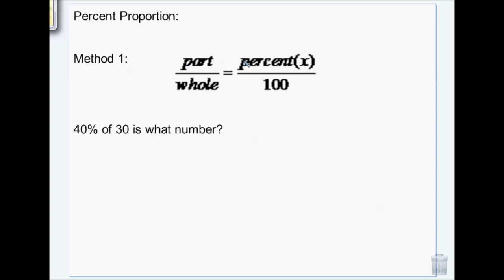The percent proportion is one method of finding out what missing value you have, whether it's the part, the whole, or the percent. Now, you may have heard this as is over of. So is over of is equal to percent over 100.